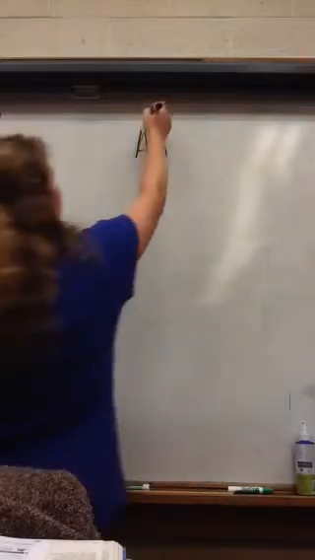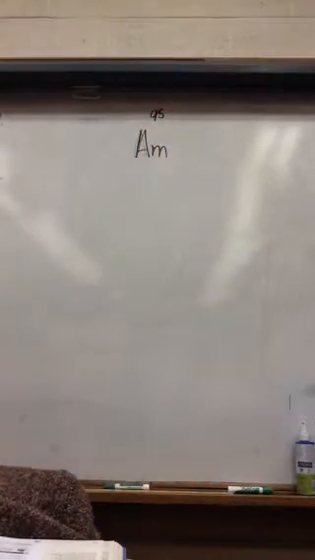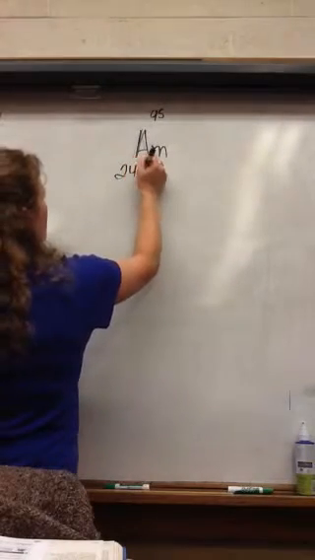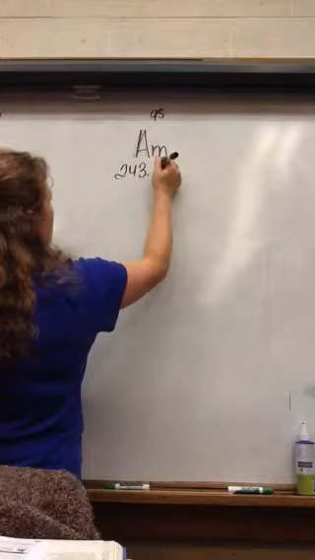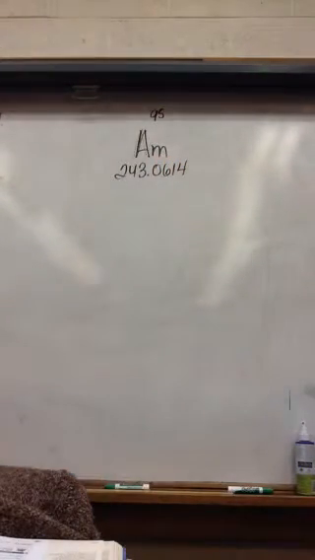What is the number above the abbreviation? 95. And we have a number below it. What's the number below it? 243.0614.